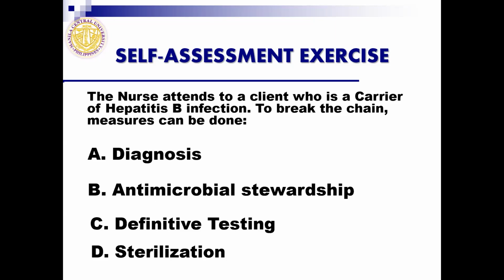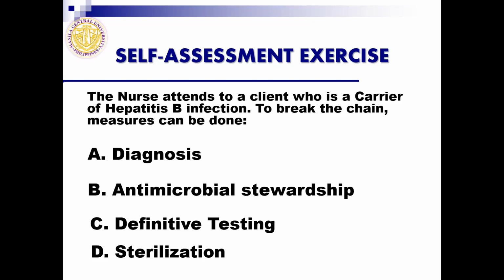Which of the following? So if we say A, diagnosis, the client is already confirmed with hepatitis B infection. So hindi na po 'yon ang answer natin. Letter B, antimicrobial stewardship. Since hepatitis B is a viral infection and the person has been confirmed as having the viral infection, antimicrobial stewardship may not be useful in the situation of the client.